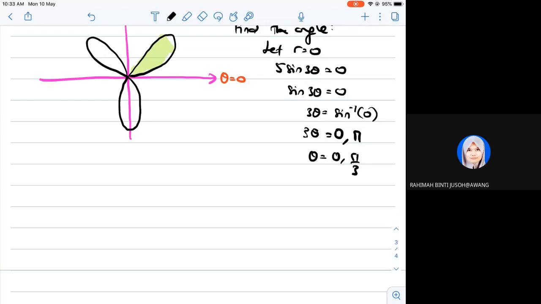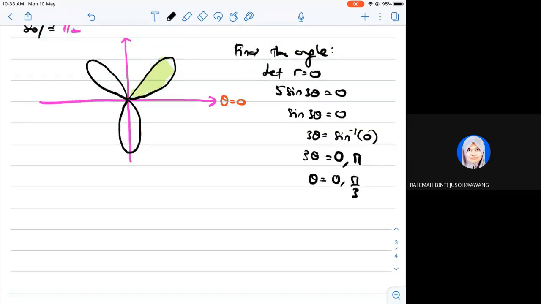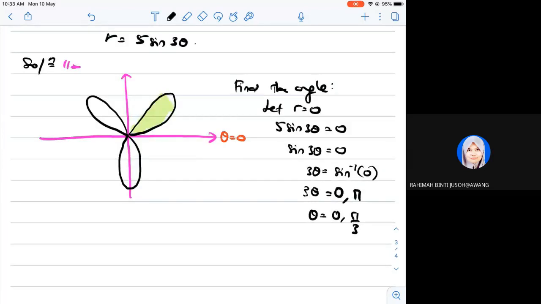Bila you bahagi 3, you akan dapat 0 bagi 3 0 lah, and pi over 3. Okay, so another angle should be here. Okay, theta equals to pi over 3. Gitu. So from 0 until pi over 3, complete one petal.